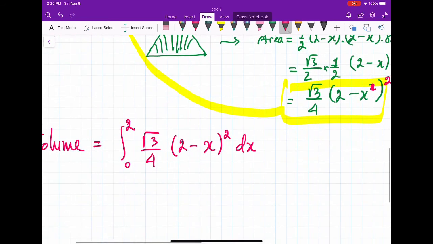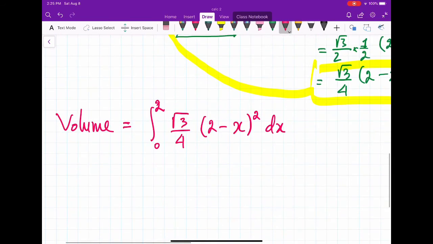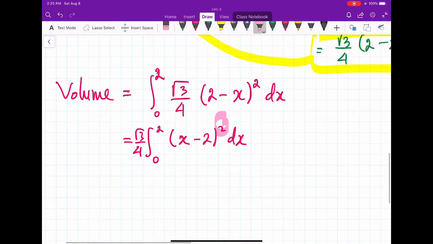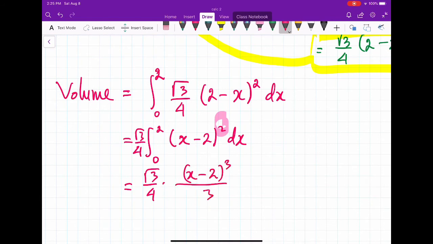So you can do substitution, but I think we can integrate this function right away. Square root of 3 over 4 is just a coefficient, and I can rewrite as x minus 2 squared dx, because under the square, x minus 2 or 2 minus x is the same. And you have square root 3 over 4, the antiderivative of this is x minus 2 cubed over 3, evaluated from 0 to 2.